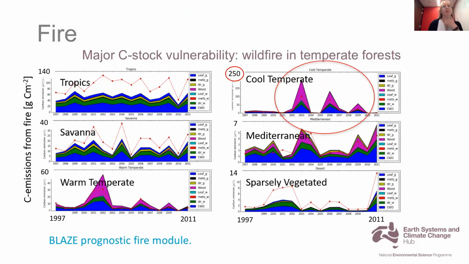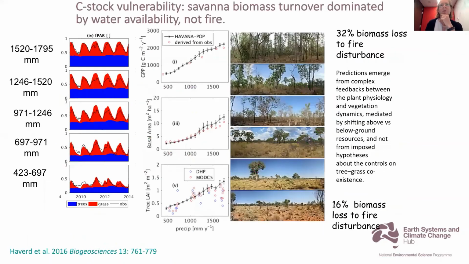Okay, so that's all well and good, but I guess what we're really interested in is what happens when you simulate the recovery from such fire events. We're in the process of doing those simulations, but we have some earlier work looking at a similar problem.